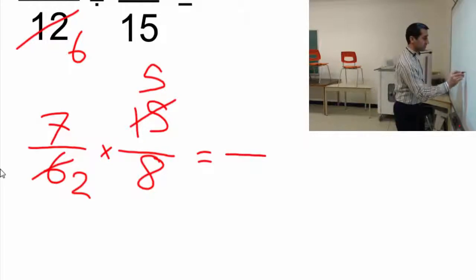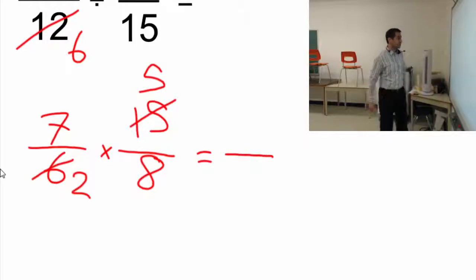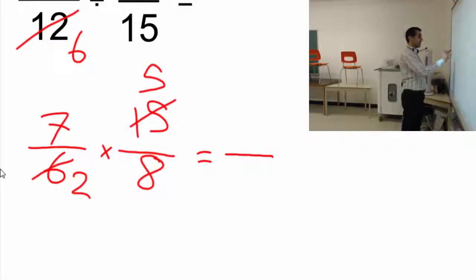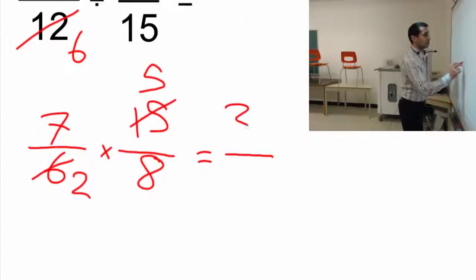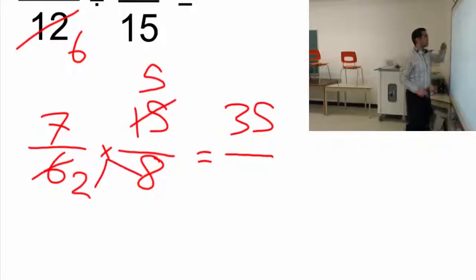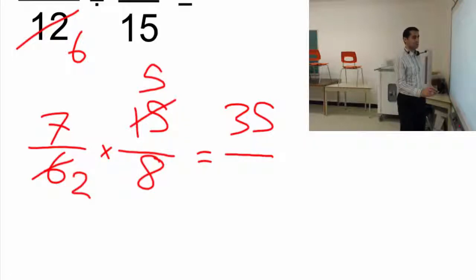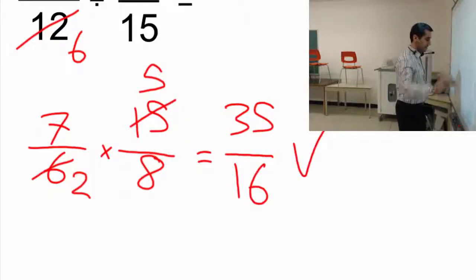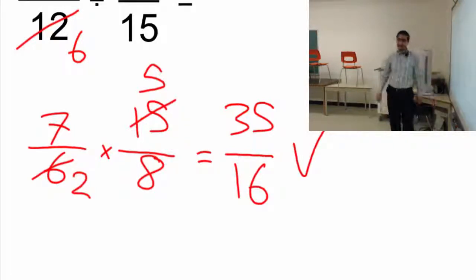So let's write down the answer. On top, I'm going to have 7 times 5, which is 35. As a denominator, I'm going to have 2 times 8, which is 16. Voila. Time for practice.